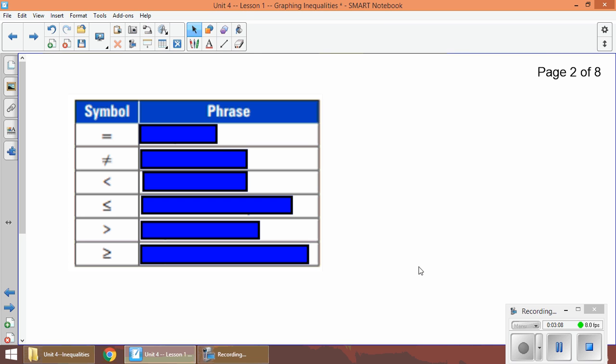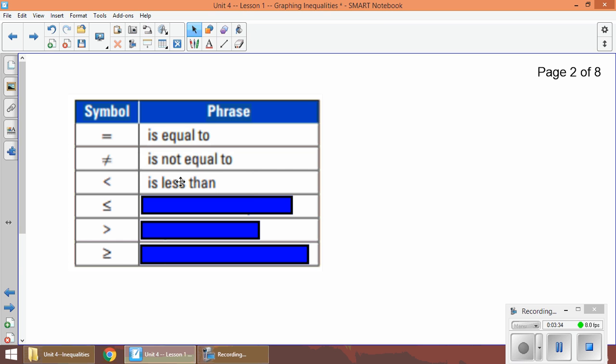So what you're going to do here is name each phrase. I gave you a symbol, name the phrase. So why don't you pause for a second, try to name the symbols on your own, and then hit play for the solution. The answer to the first one is equal to. The answer to the second one is not equal to. So the equal sign with the line going through it means not equal.